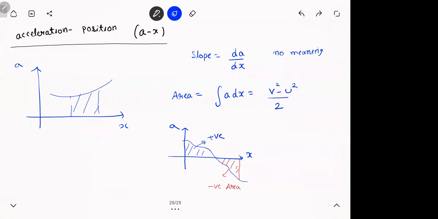Question. Next thing. You have a Vx graph.